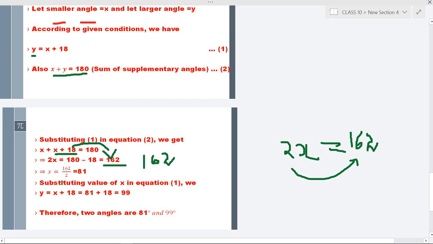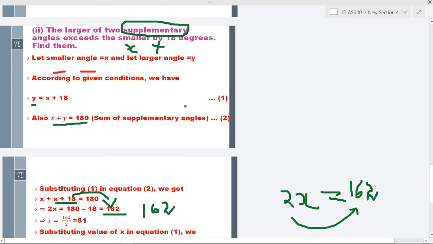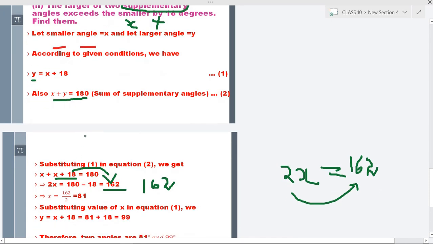Now, you have to substitute this value of x, 81, in any of the equations. Which will be easier for you? You can substitute here, x is equal to 81, or you can even substitute here, y is equal to x plus 18.